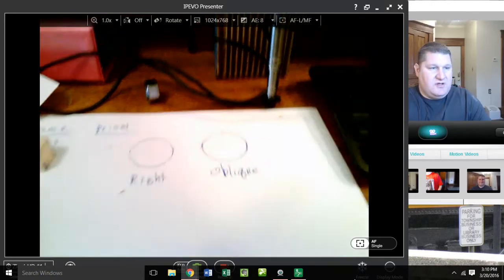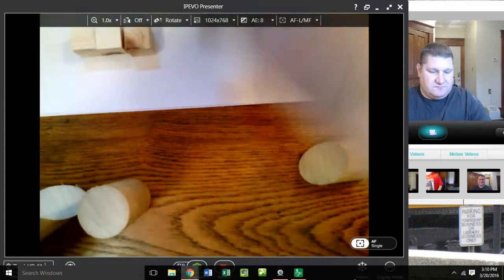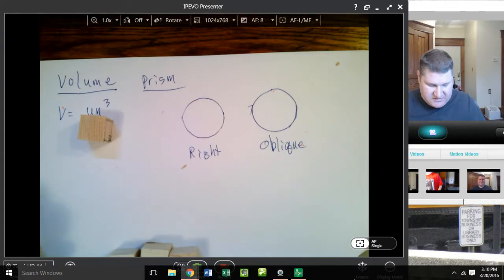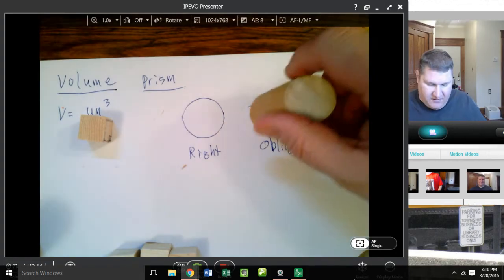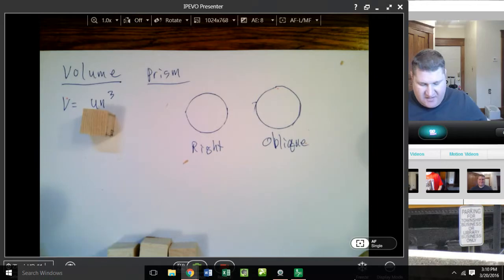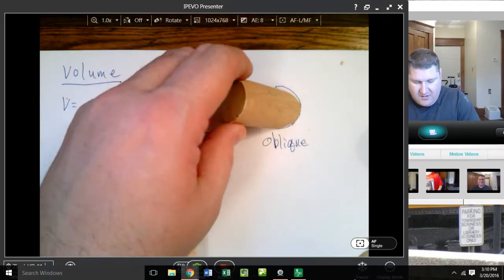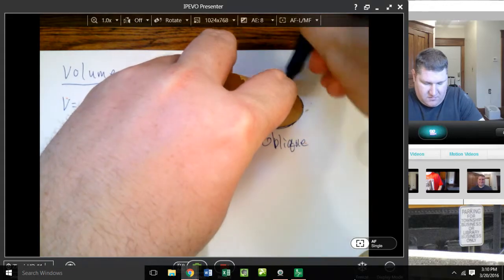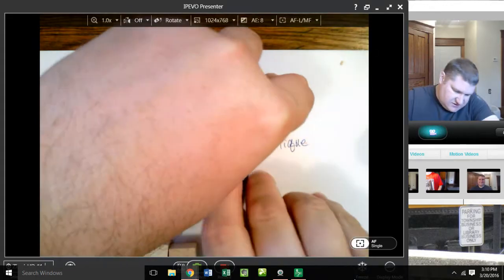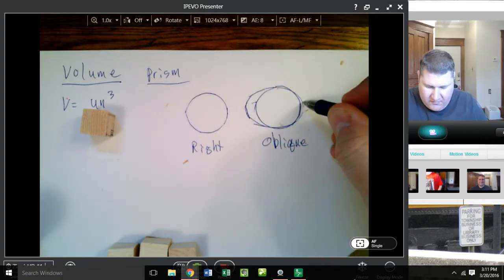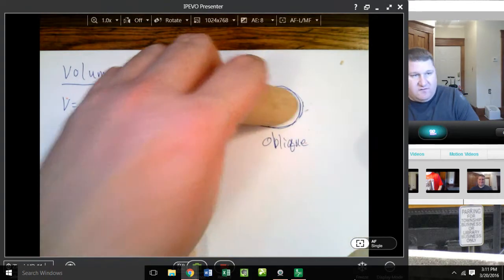Now, an oblique is going to have a cross section that's not a circle. You'll notice this one isn't very oblique, so its lengthening isn't quite as obvious compared to this oblique, which is very obvious. So I really get it going crazy over here.